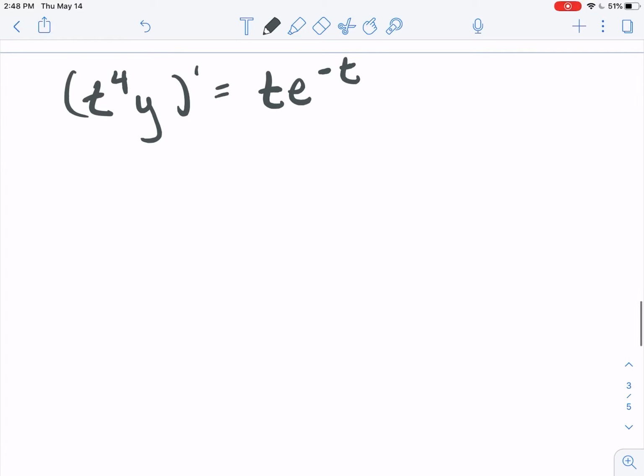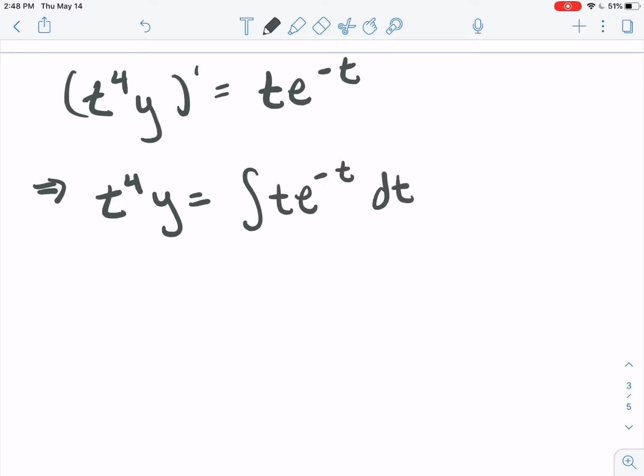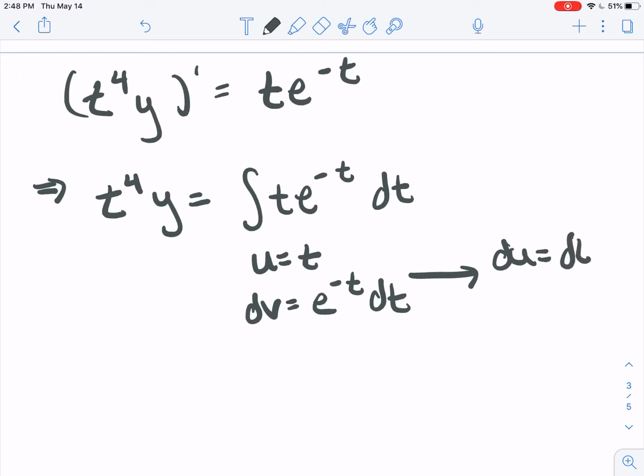And we integrate both sides, and we get t to the 4th times y is the integral of t e to the minus t dt. And this is an integration by parts problem now. So we'll let u equal t, let dv equal e to the minus t dt. That means du is dt, and v is minus e to the minus t.